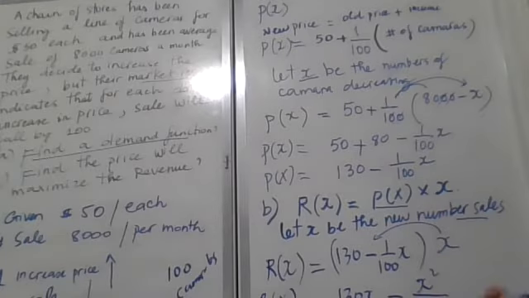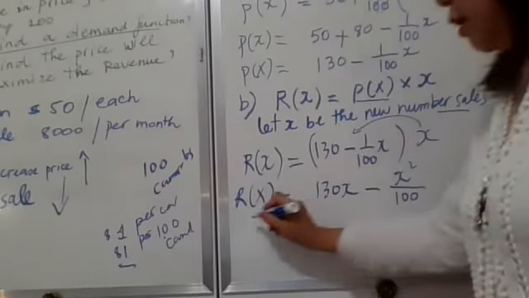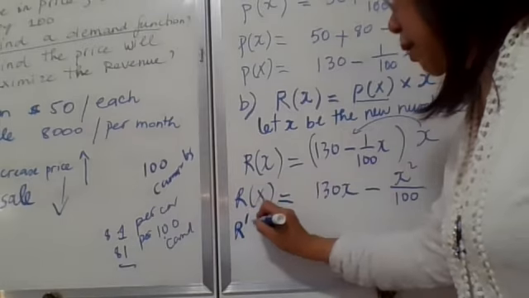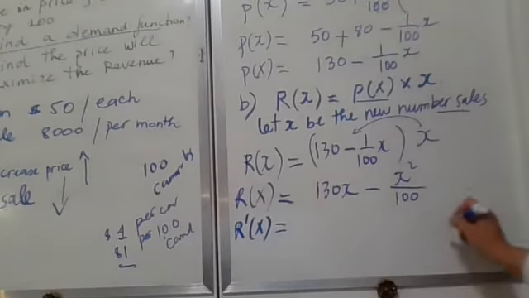So that is our revenue function. Now, how do we maximize the revenue function? To maximize it, we have to take the derivative of this and set it equal to 0.